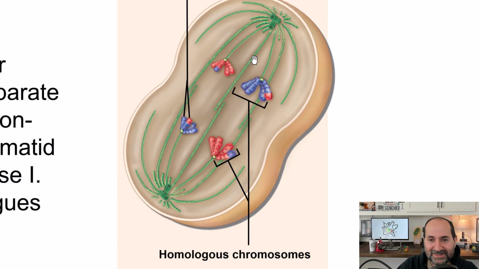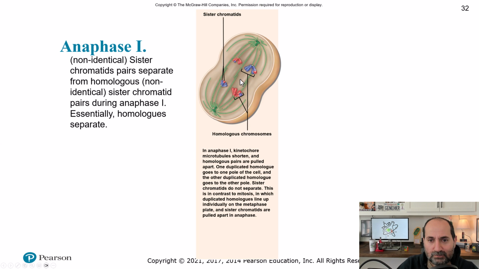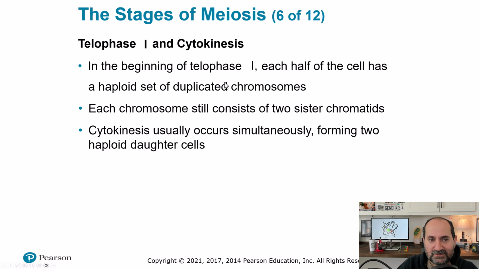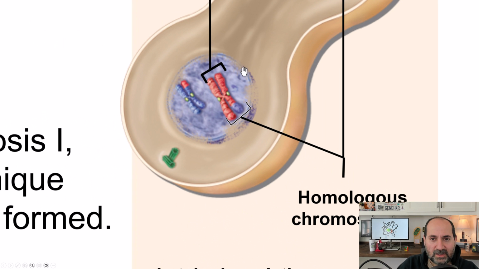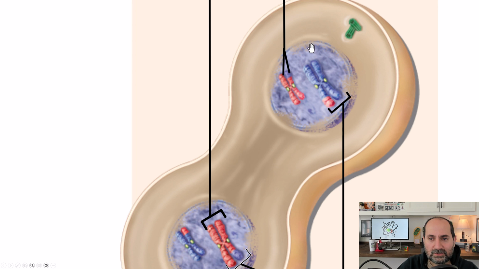At this point, those chromosomes move towards opposite ends of the cell, and you're ready for telophase I. During telophase I, you have the daughter nuclei starting to form. So a nucleus starts to form around this DNA, and a nucleus starts to form around this DNA.